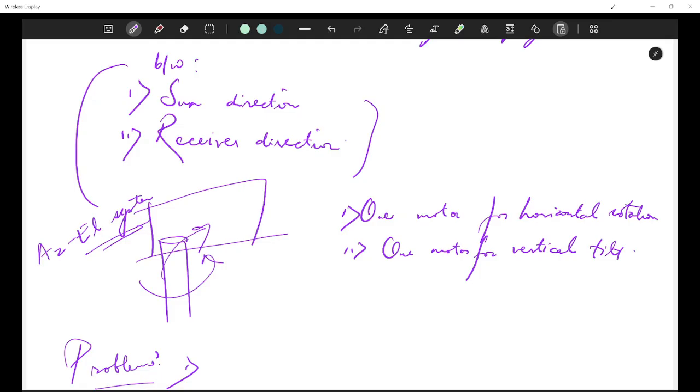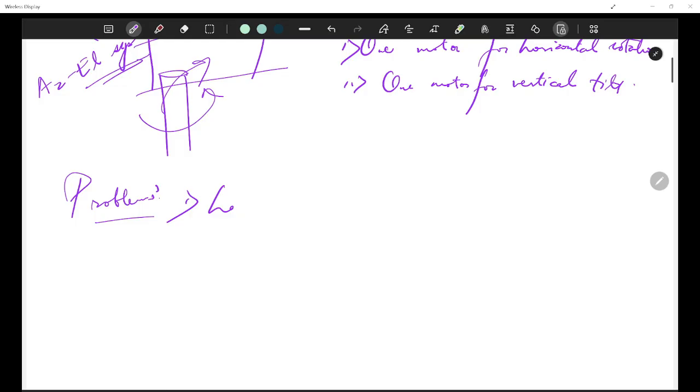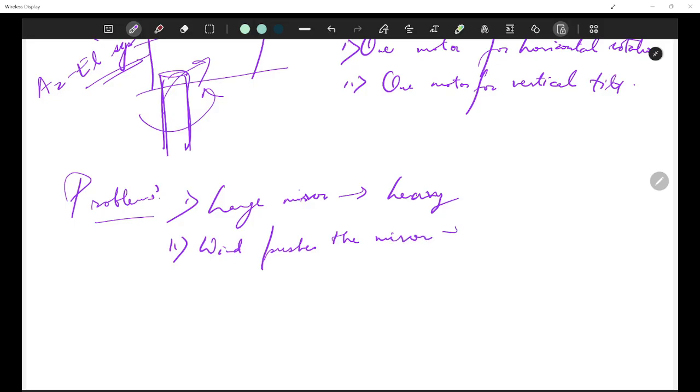The problem with this is that a large mirror is heavy, right? Because you just have one support on which you're supposed to mount the mirror. Then wind pushes the mirror, which causes bending.